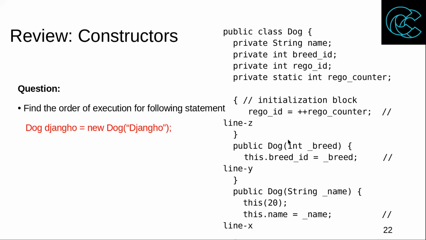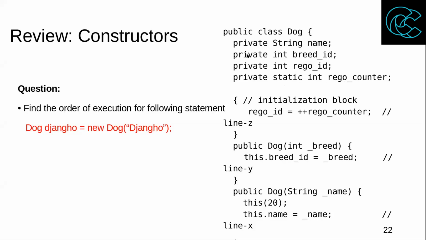And for initializing the static variables, you need this separate initialization block. We will talk about static most probably in the future lectures, but static is something that is common. All these 3 variables are specific to each object, right?